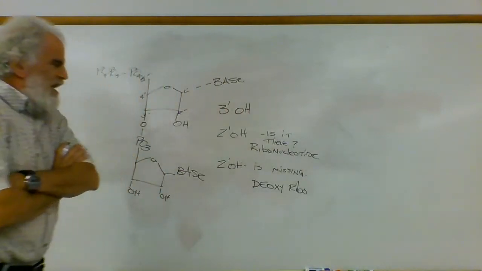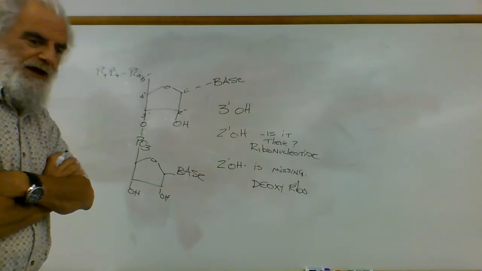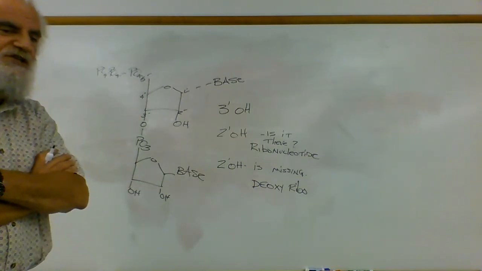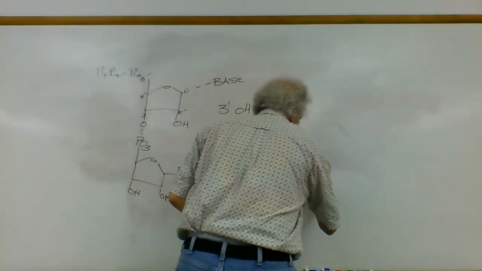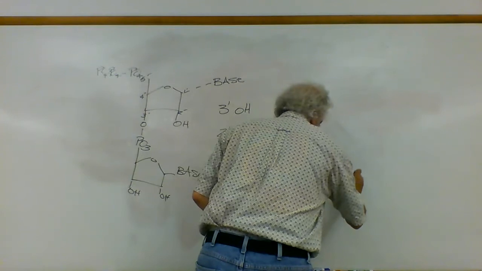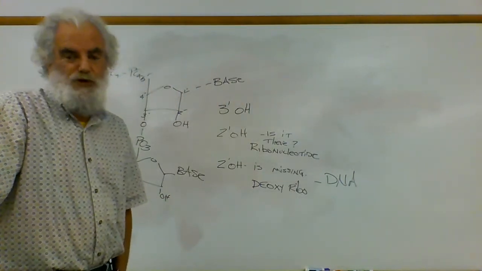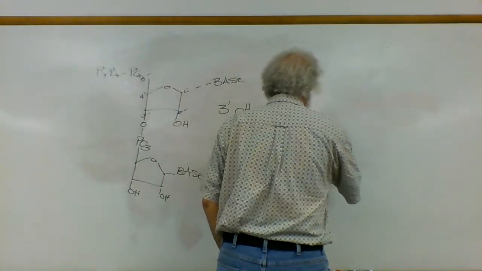So we have a ribonucleotide or a deoxyribonucleotide, and that's where the abbreviations come from. We have deoxyribonucleic acid, known as DNA, and we have just plain old ribonucleic acid, or RNA.